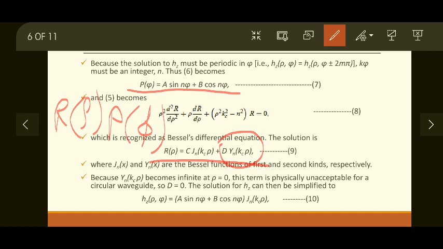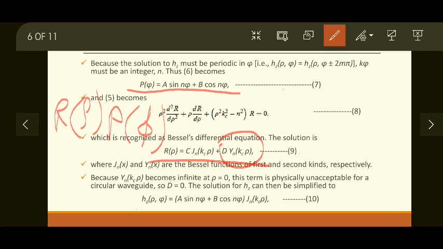So R(rho) remains only C J_n(k_c rho). Now multiply these two, with D equal to 0, and we get the solution for Hz. So Hz is given as A sin n phi plus B cos n phi, which is from P(phi), times J_n(k_c rho), which is from R(rho).